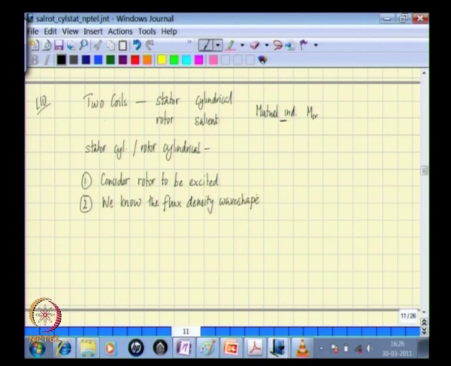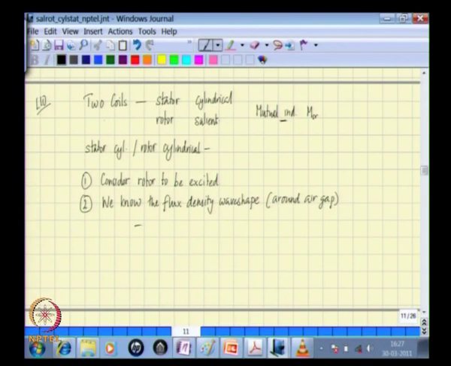Please note that this is the flux density wave shape around the air gap, which means as you travel around the air gap of the machine for a particular position of the rotor, you know what the flux density wave shape is.